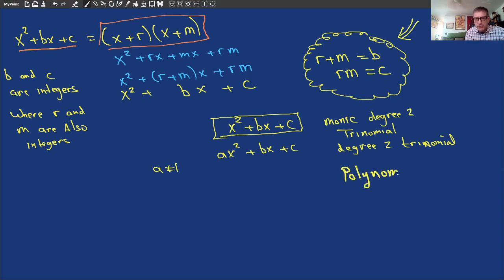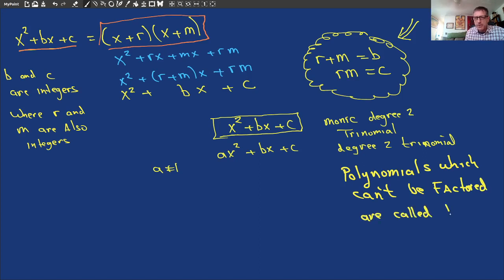Any polynomial, and in particular trinomials, which can't be factored, are called prime. So I'm going to give you an example, not of a trinomial, but of a degree 2 binomial that can't be factored: x minus 1. That can't be factored. The GCF between those two terms is 1, so this would be considered prime.